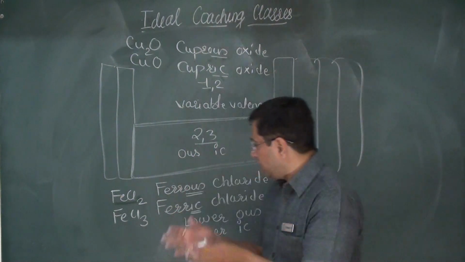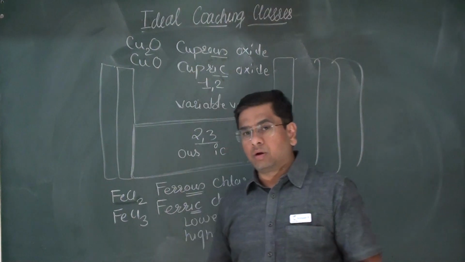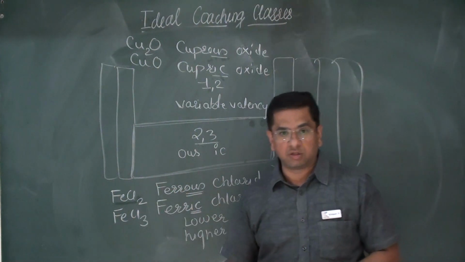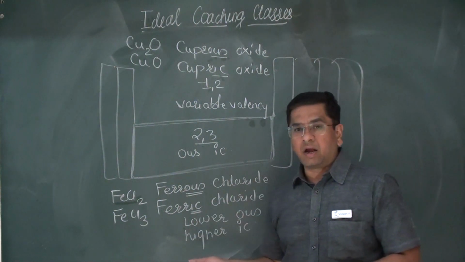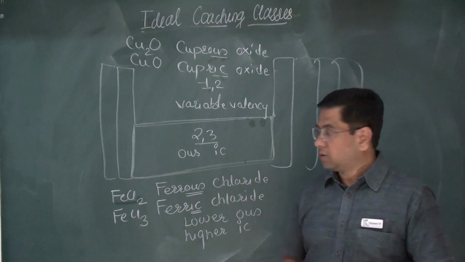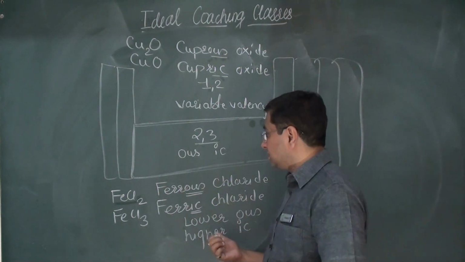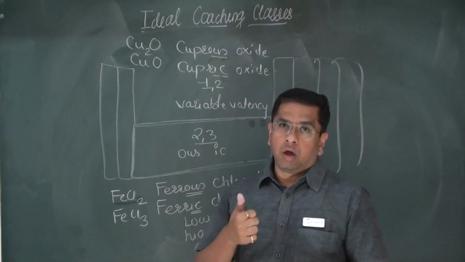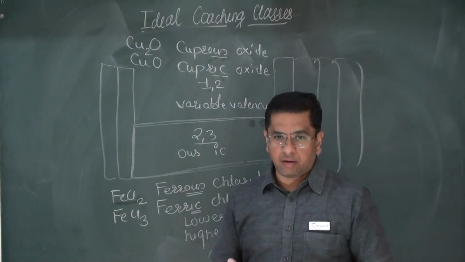You have to write down the names as I have written over here, then write down the formulas of the two compounds, and then find out the valencies. So homework: mercurous chloride and mercuric chloride.